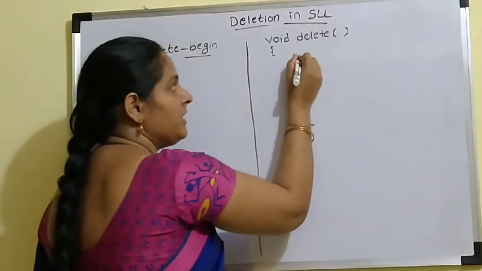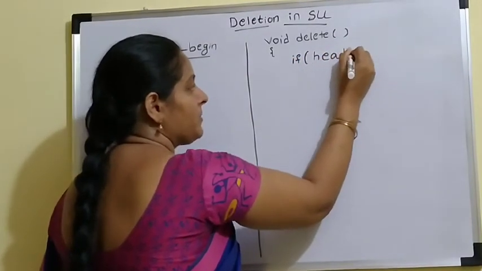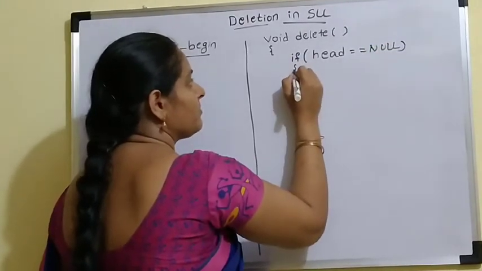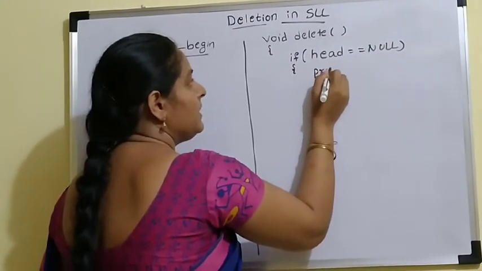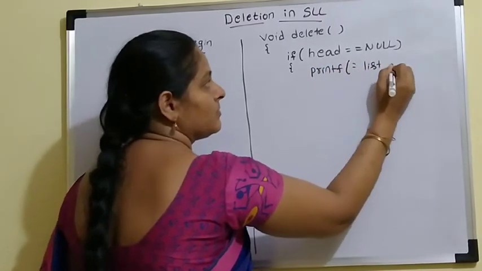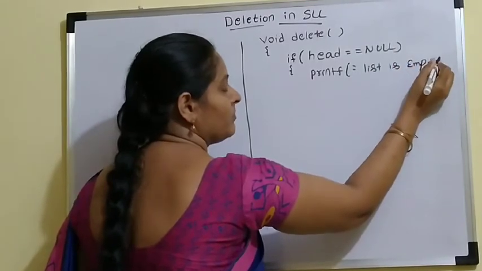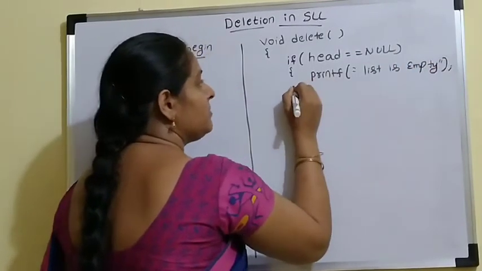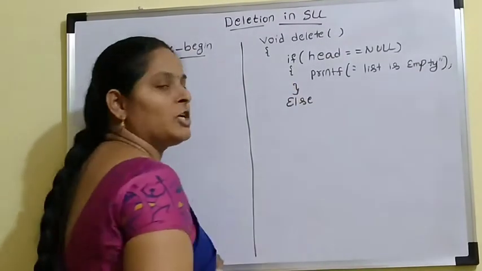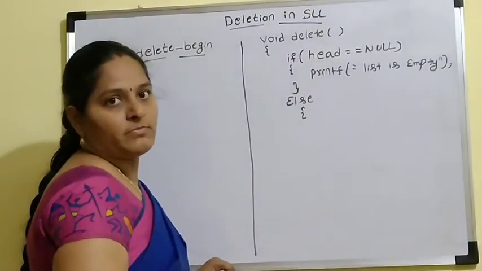If your head pointer is pointing to a null value, that indicates that the list is empty. If the list is empty, deletion is not possible. Only if the list is not empty can we delete elements from it.